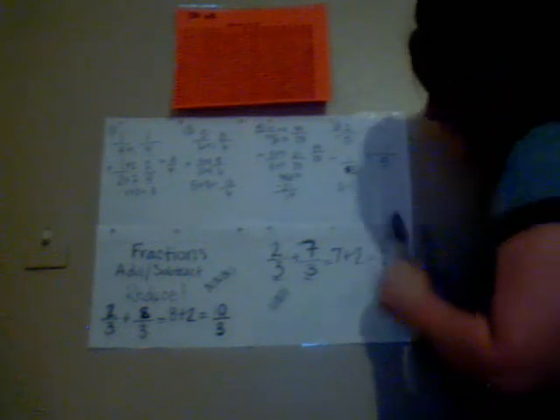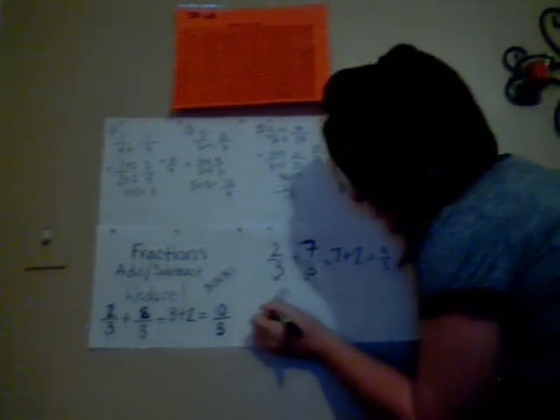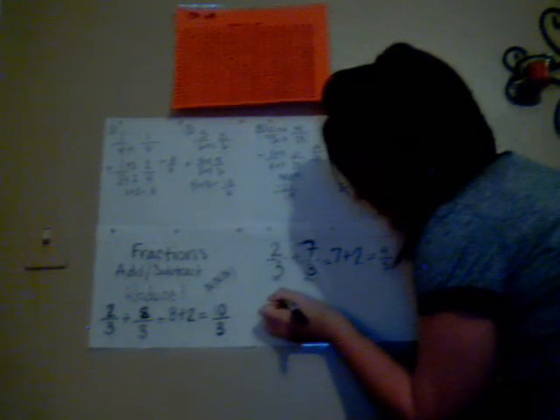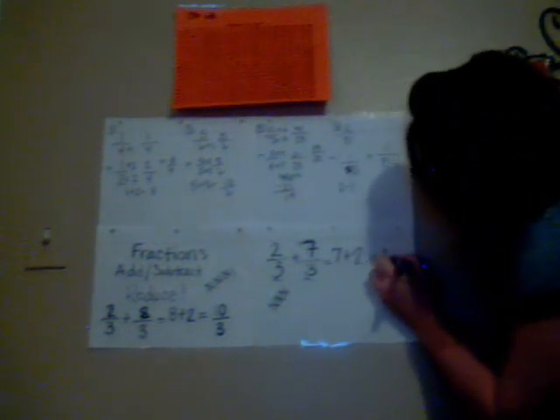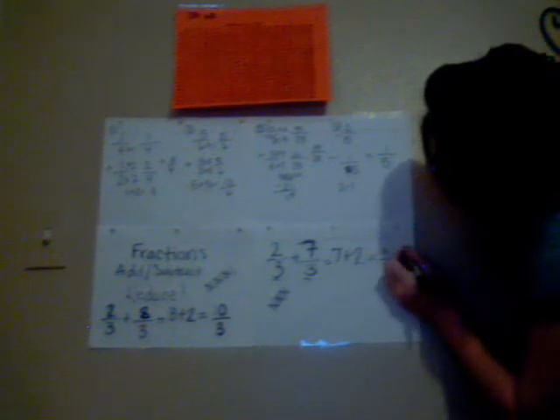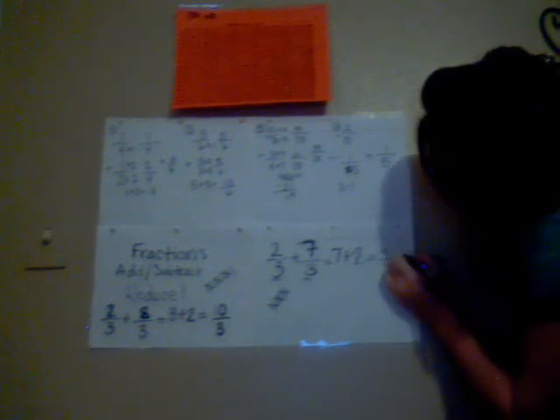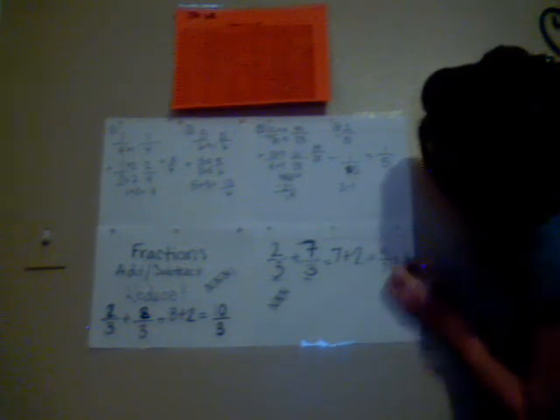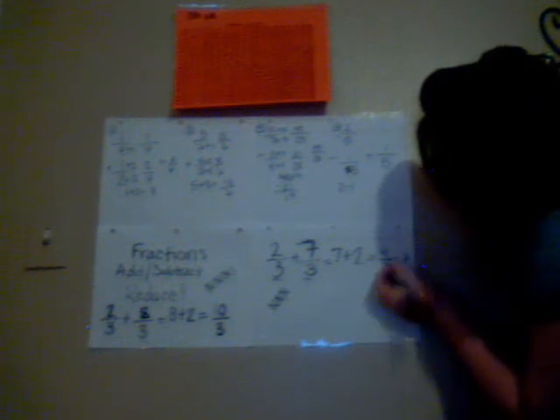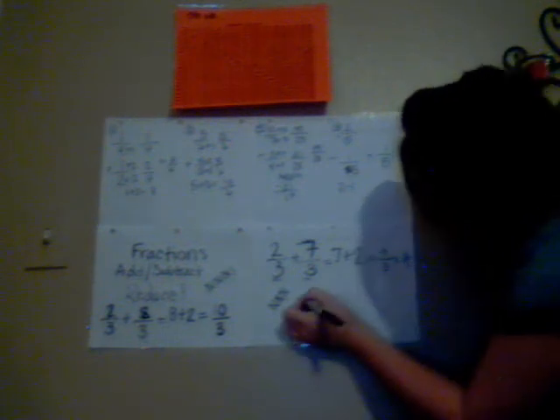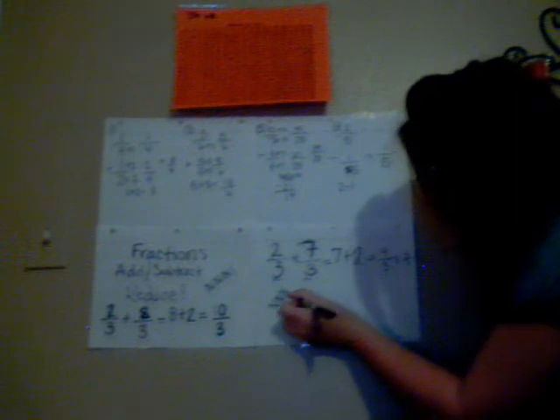Let's see how many 3's go in. 1, 2, 3. So 3 goes into 9 3 times. 3 goes into 3 1 time. So our answer would be 3 for this problem.